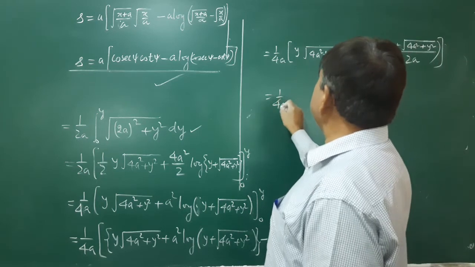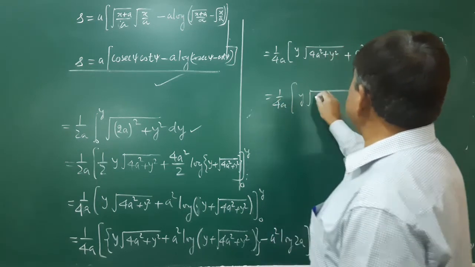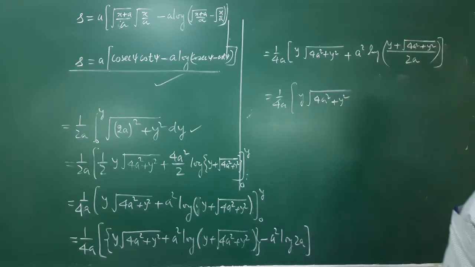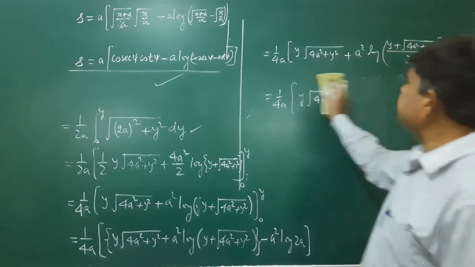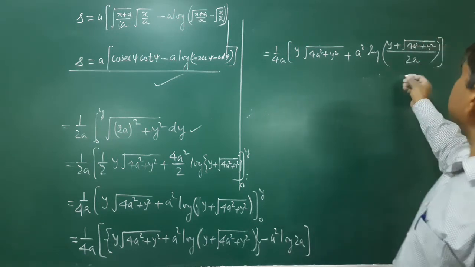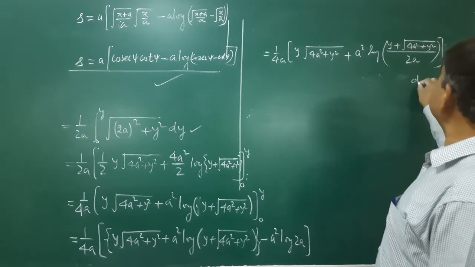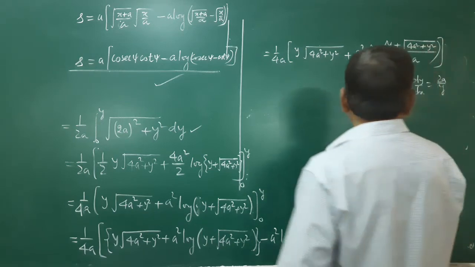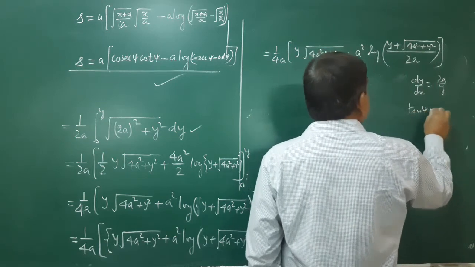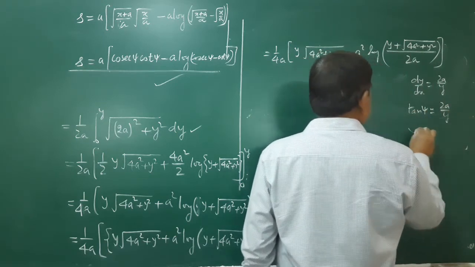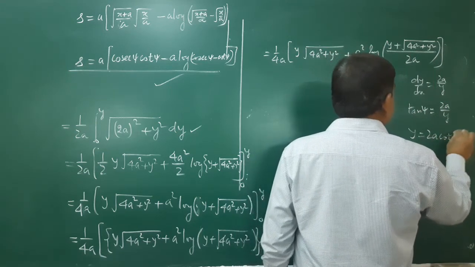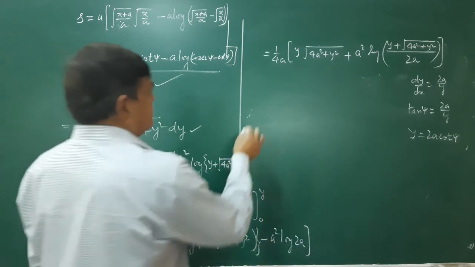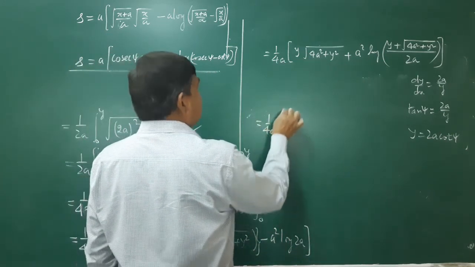It is 1 by 4a, y root 4a square plus y square. Here I substitute its value. dy by dx was 2a upon y. So tan psi is 2a upon y. So y is 2a cot psi. Now we eliminate this. So it is 1 upon 4a.